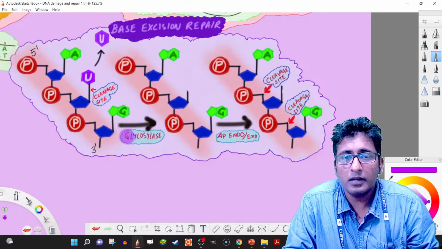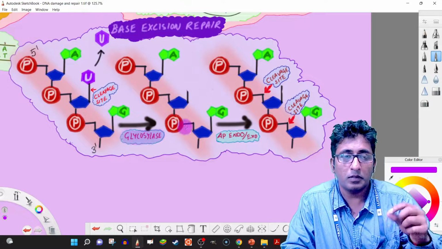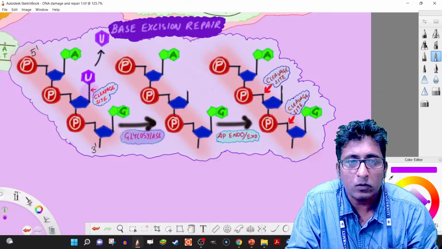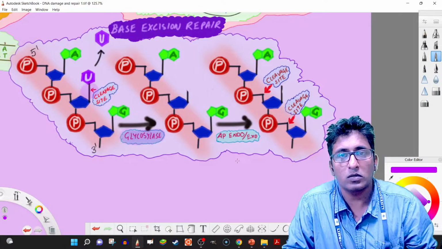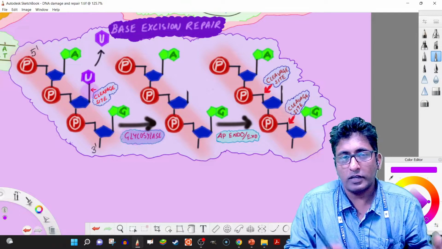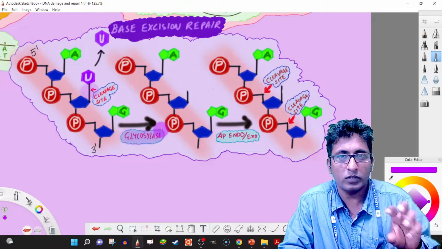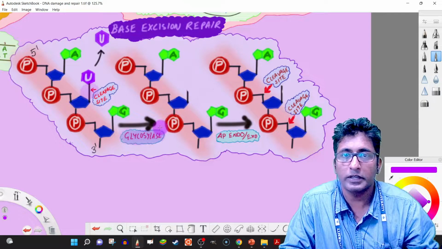So there are glycosylases, which are enzymes that break the glycosidic bond. That's why we call them glycosylases. And here the enzyme that is working is uracil glycosylase, because it is specific to identifying uracil within DNA and breaking the glycosidic bond there.